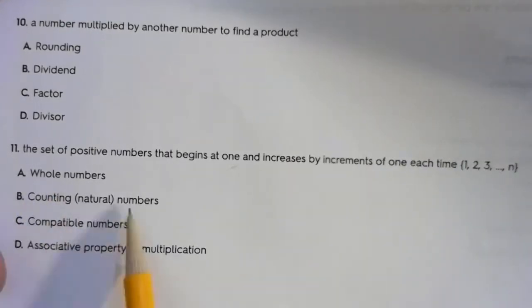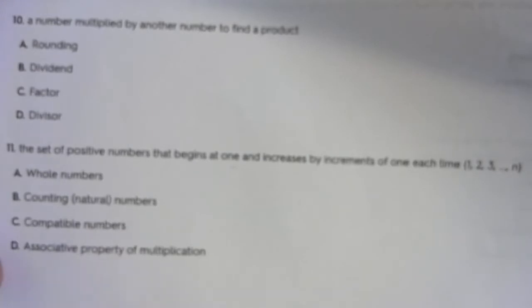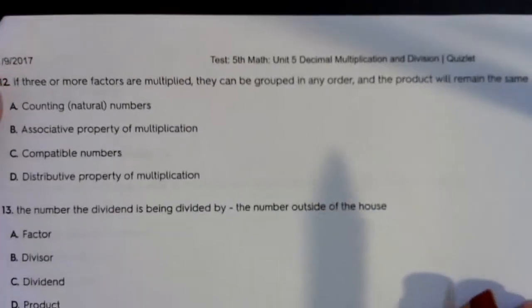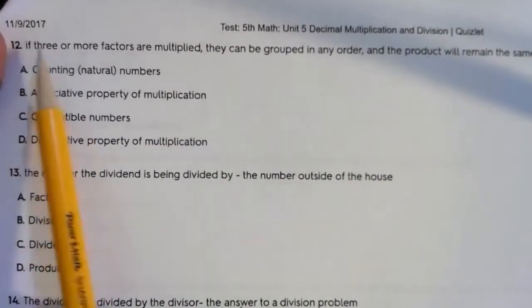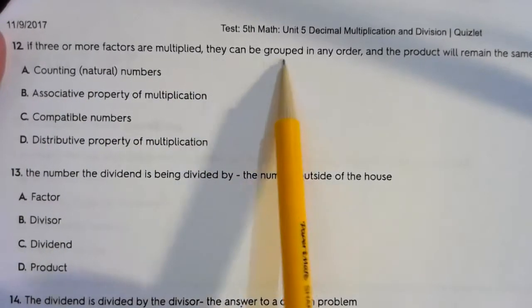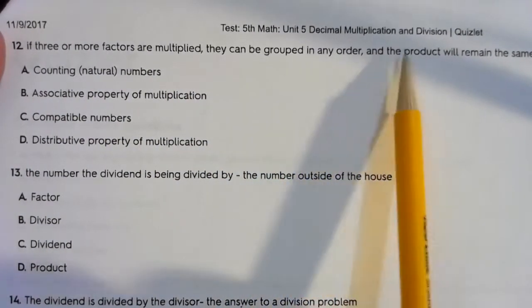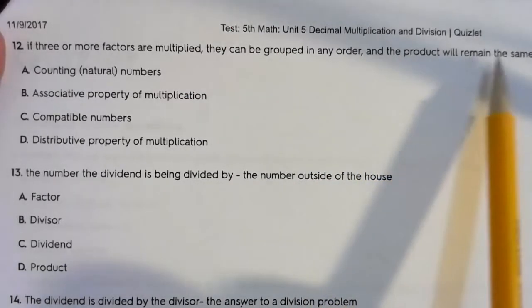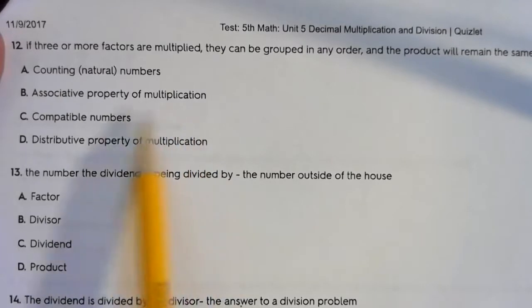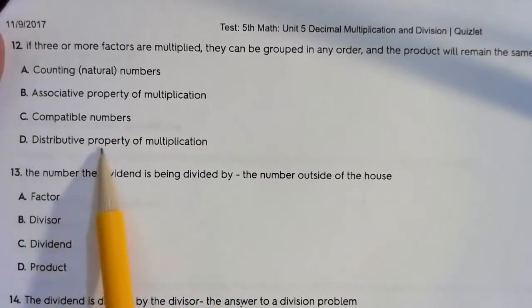Whole numbers, counting numbers, compatible numbers, associative property of multiplication. Question 12. If 3 or more factors are multiplied, they can be grouped in any order, and the product will remain the same. Counting numbers, associative property of multiplication, compatible numbers, distributive property of multiplication.